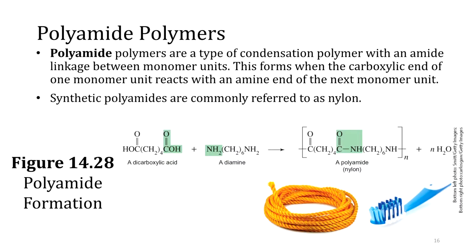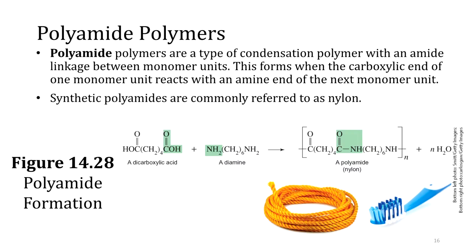We can form polyamides as well. A polyamide is a type of condensation polymer with amide linkages between monomer units. The carboxyl end of one monomer reacts with the amine end of the next monomer unit to form a polyamide. Synthetic polyamides are typically called nylon.